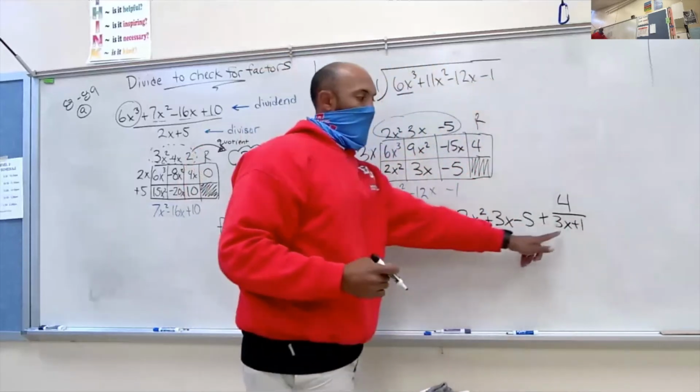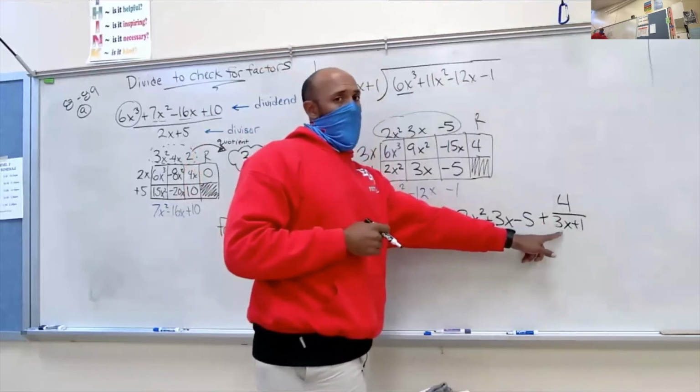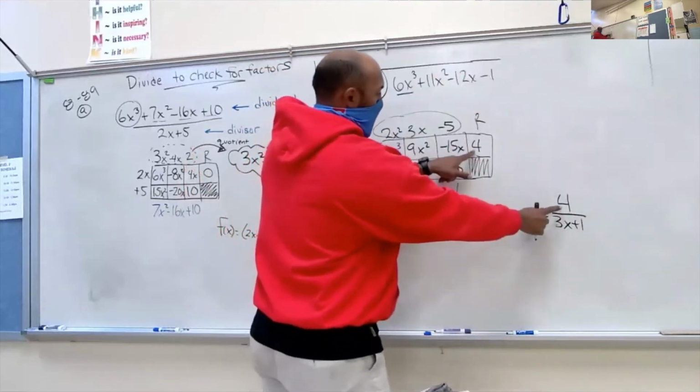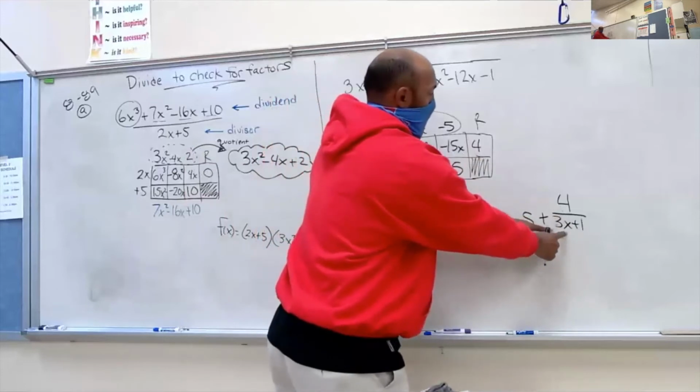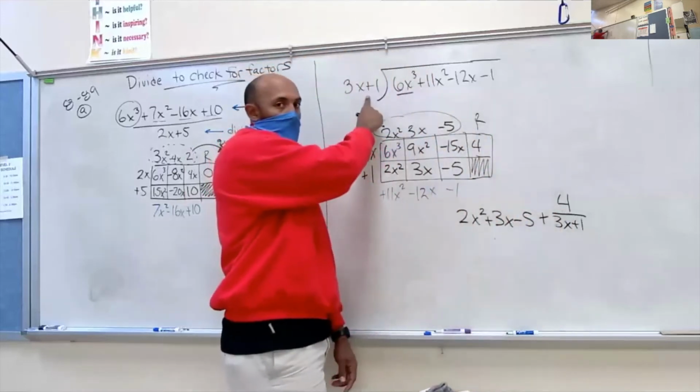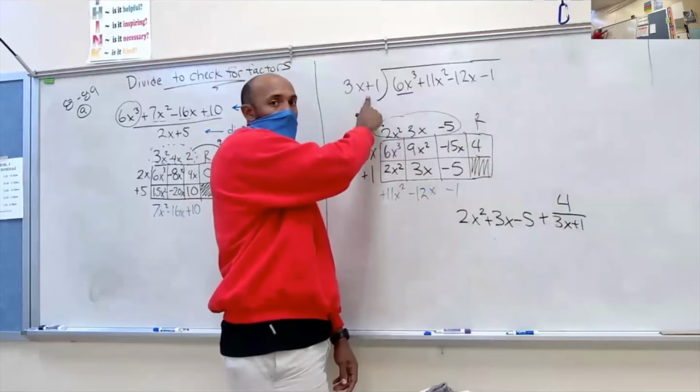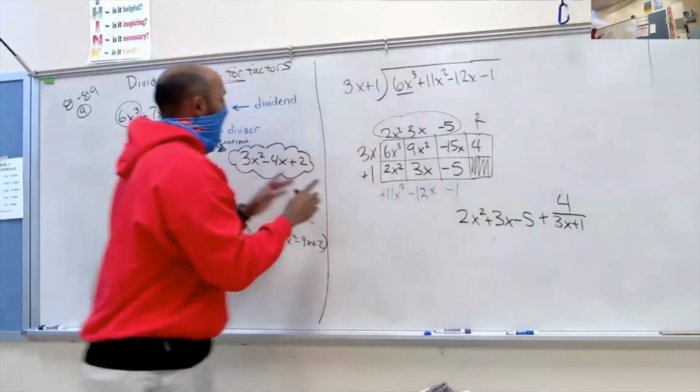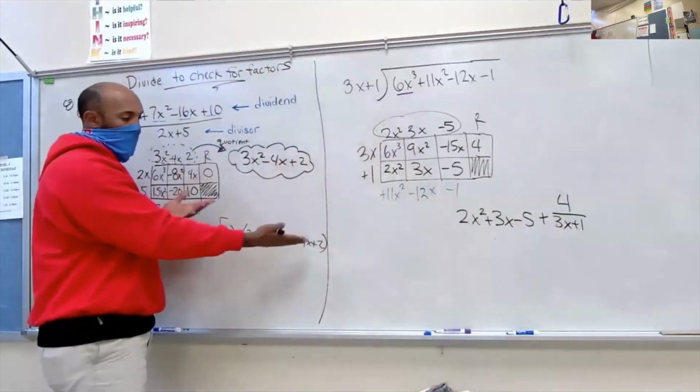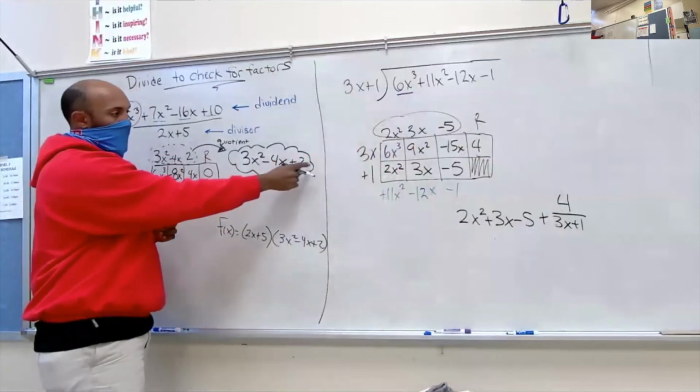So that key part here is if you have a remainder, you put that number over what you divided by. Okay? If you don't have a remainder, then you don't have to write anything after.